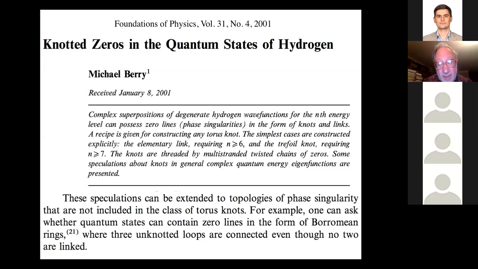And this led off to a lot of research by a lot of people, and I won't make a list, of finding such phase singularity knots in quantum states and in electromagnetic states.